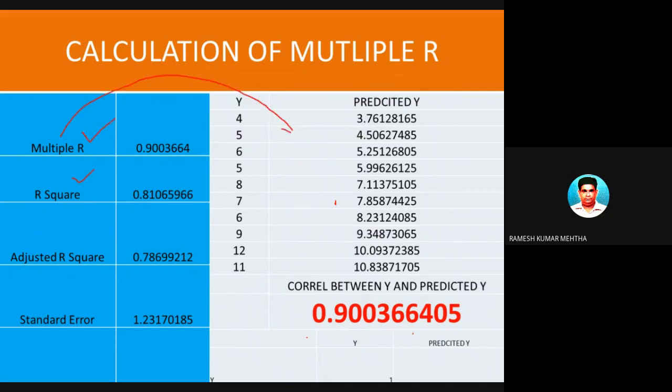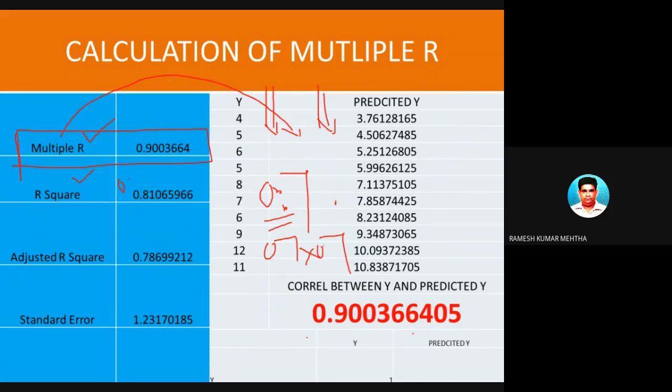I told you how to calculate multiple R. Multiple R is the relationship between the dependent variable and its predicted values. It should be more than 0.7, that is, the correlation between y and y predicted should be more than 0.7. It's a very strong model because 0.7 times 0.7 gives you R square, the strength of the model, which is 0.49. So that is a weak model. It should be more than 0.7, for example 0.75. Hope you have understood it.